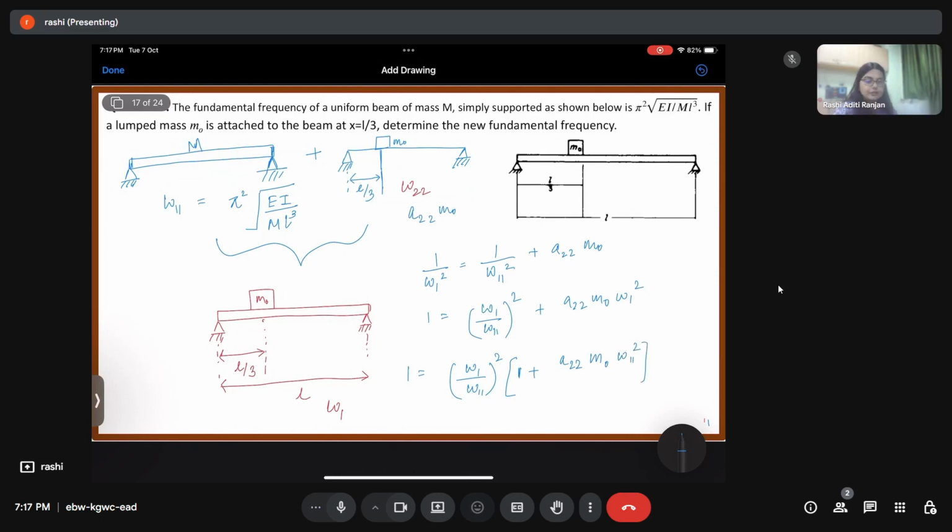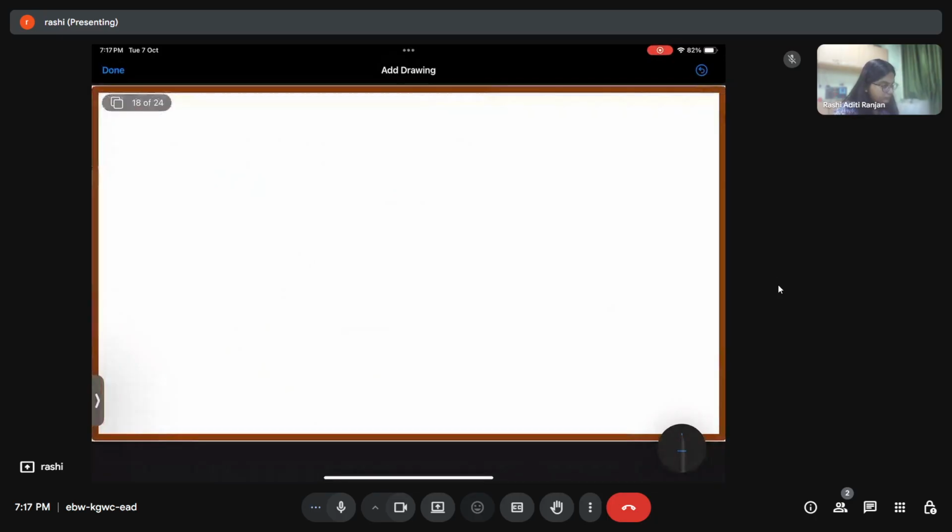Like this, we can write it. Okay. So this will give us omega 1 square by omega 11 square as 1 by 1 plus A22 M naught omega 1 square. Like this. Now we already know the expression for omega 1 square. Correct? So we can substitute it in over here.